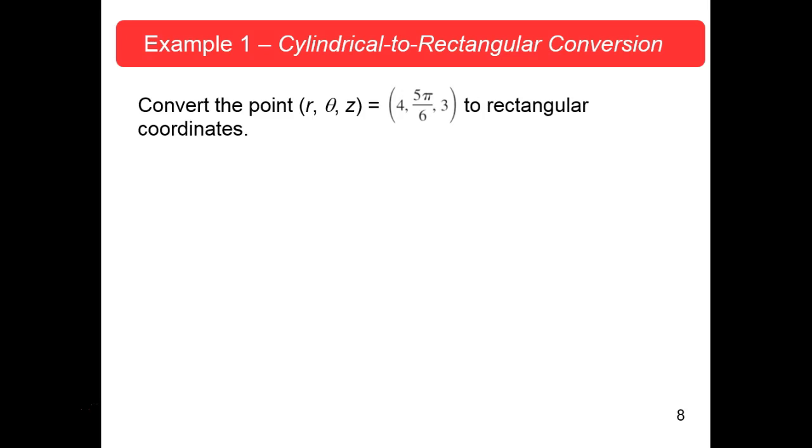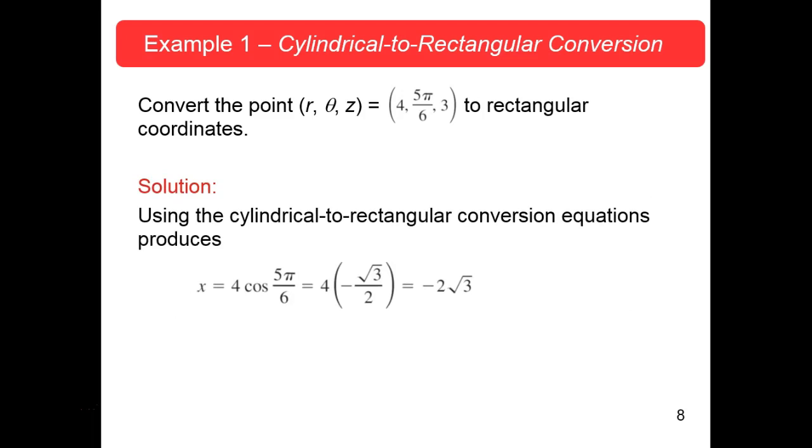Your y coordinate would be the one that's positive, and that would just be 2. And then your z coordinate is 3. I'm doing it in my head without working it out, so I hope I'm getting it right. Yeah, x coordinate is negative 2 root 3.